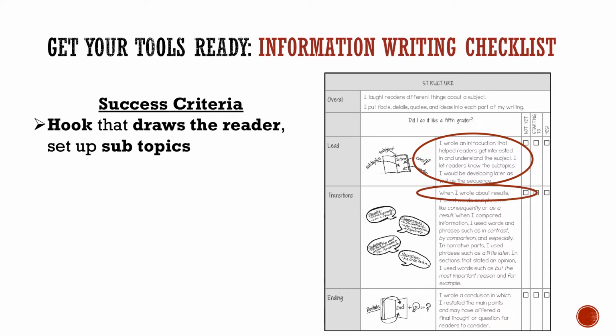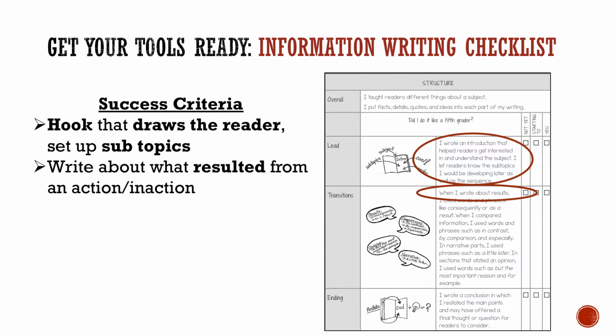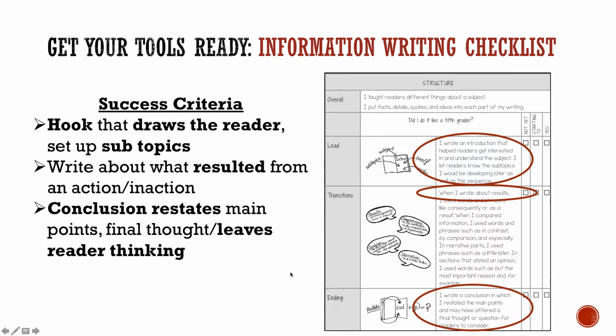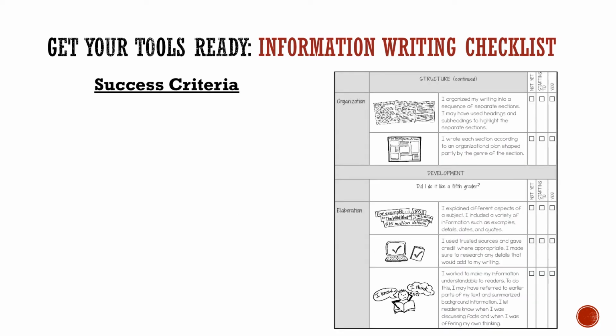When you go to your different subtopics, you're going to want to be writing about results. You have to write about what resulted from an action or an inaction when you do that work. And then in the ending, you've got to write a conclusion, right? It has to restate some points that you made and leave the reader thinking of something like a final thought.